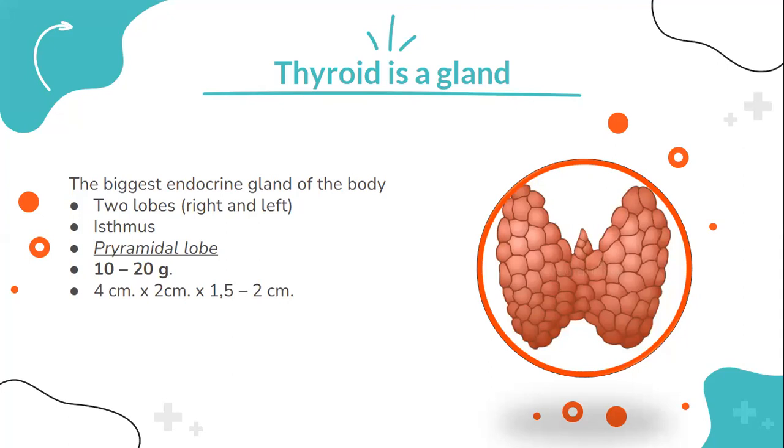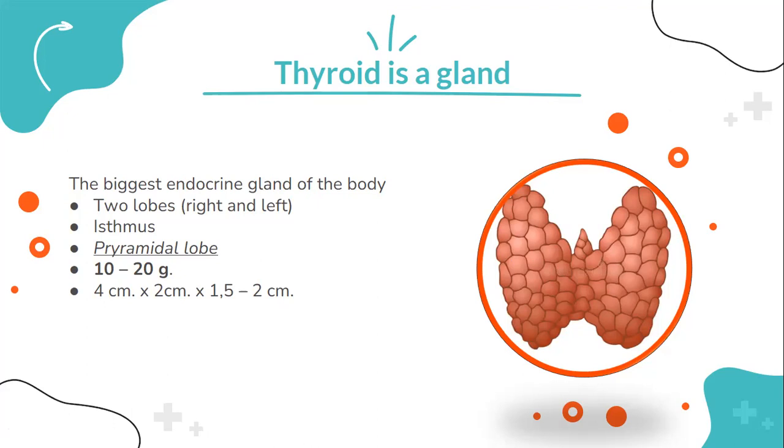If we have it reported according to the size, the normal ranges are 4 centimeters length, 2 centimeters wide, and 1.5 to 2 centimeters thick. So this is one of the important things to have always in mind when we're talking about this gland: the weight and the pyramidal lobe.